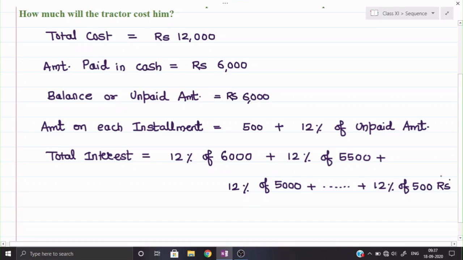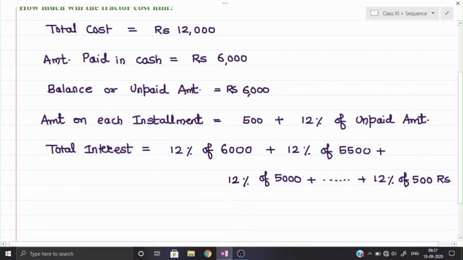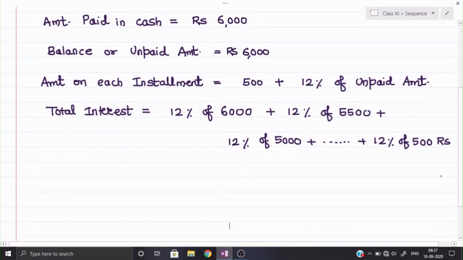Okay, because each and every time he is paying 500 rupees, the principal amount is decreasing by 500. So at last the principal amount will remain 500 rupees. On that he is paying 12% interest along with the 500 rupees as a principal amount.